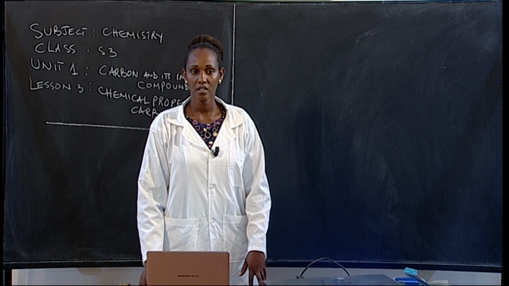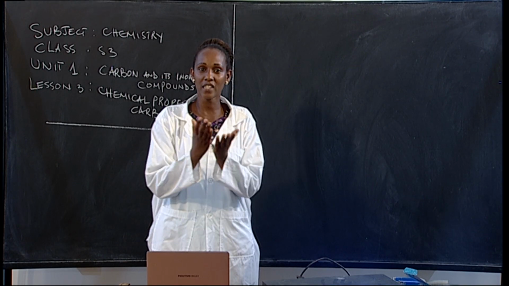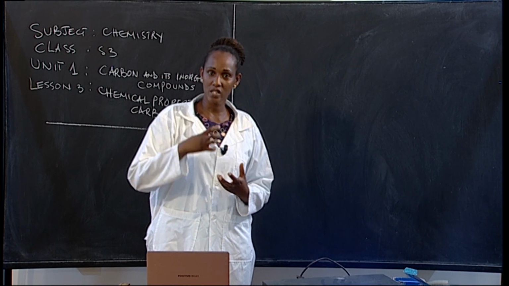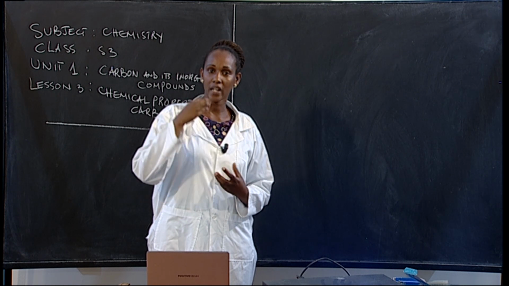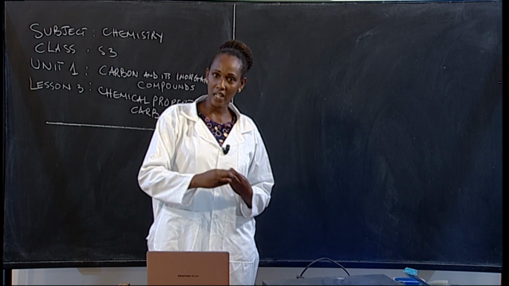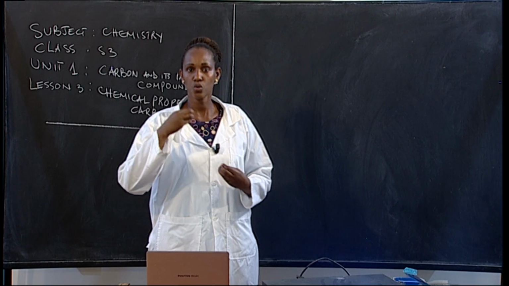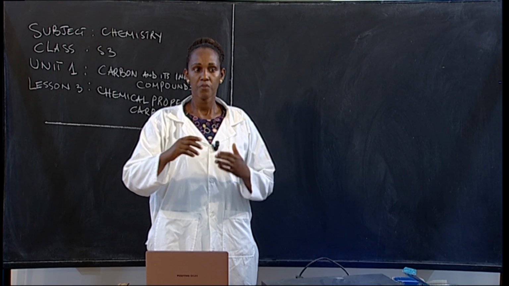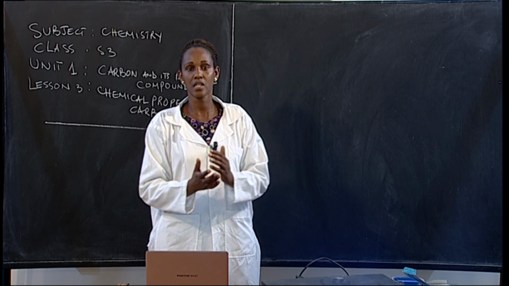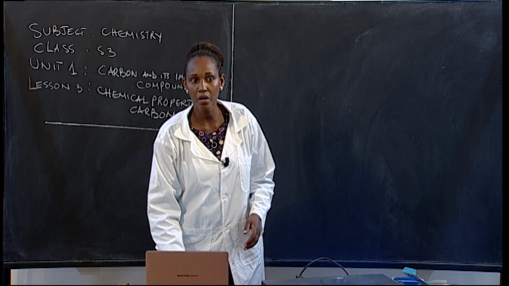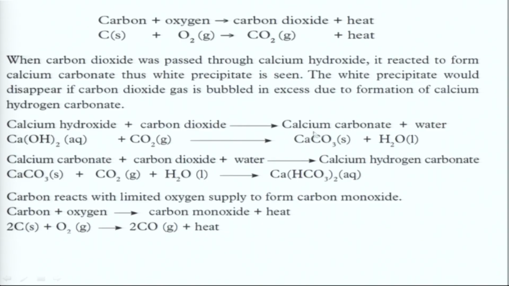So that's why we say the confirmatory test for carbon dioxide is to turn lime water or calcium hydroxide from colorless to a milky or whitish state. The white precipitate that is formed is calcium carbonate. When you look at it, it is a white precipitate. Milky, in other words.